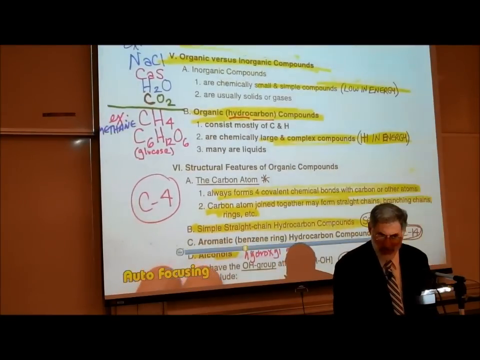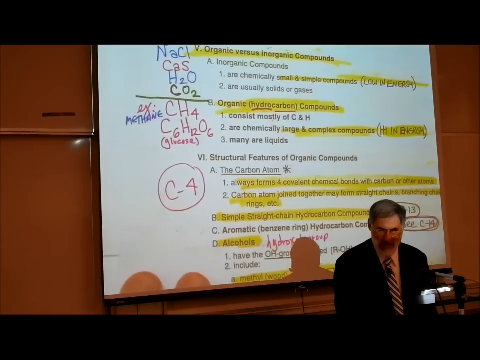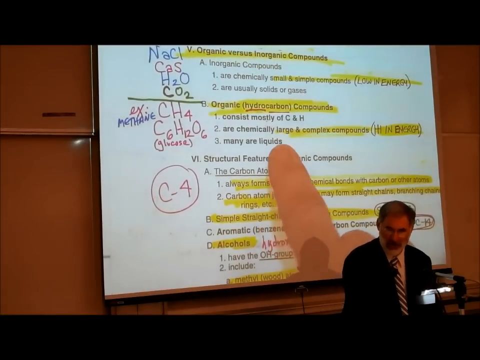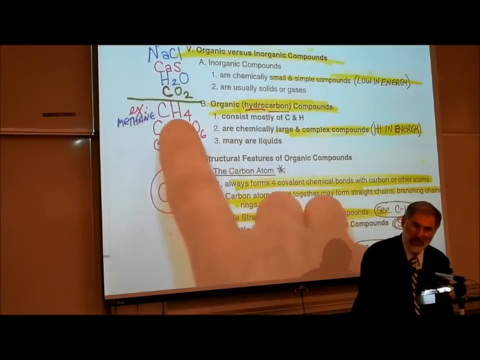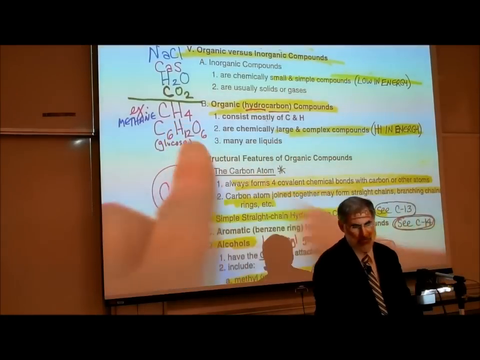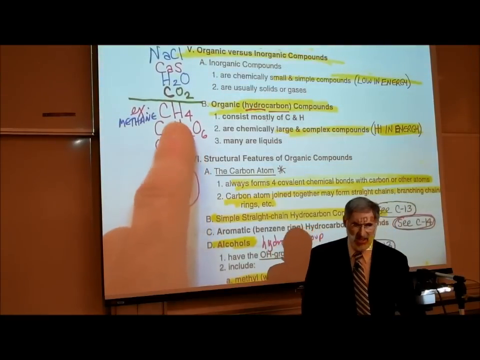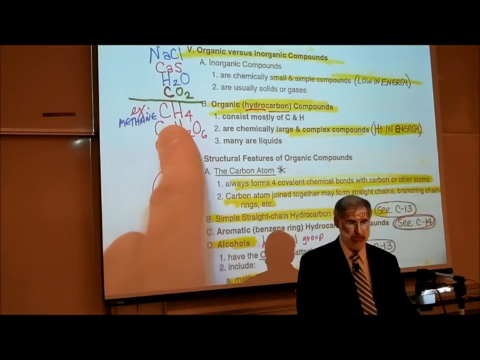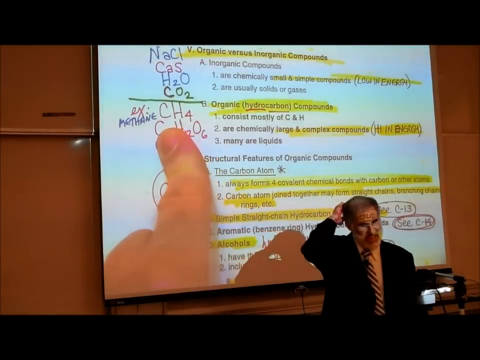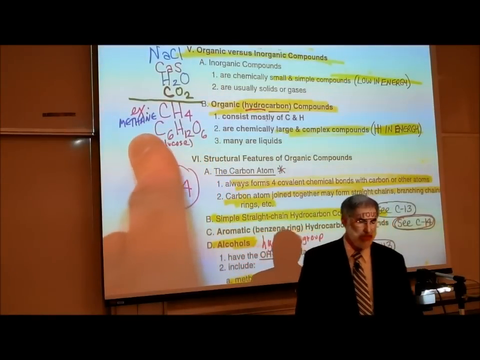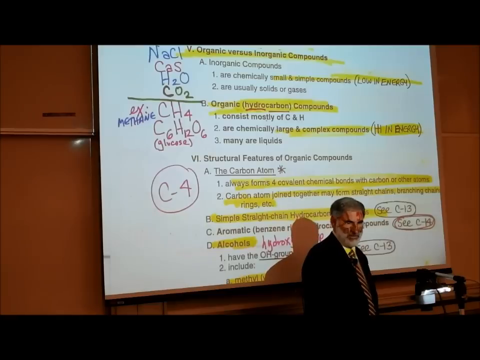What are some examples of organic or hydrocarbon chemicals? The simplest organic compound, the simplest hydrocarbon there is, is CH4, carbon and 4 hydrogens. What is CH4 called? It's called methane, as in methane gas.